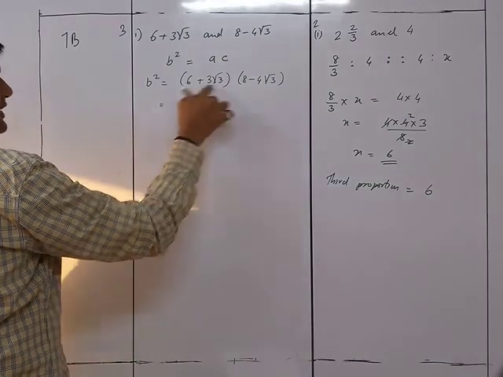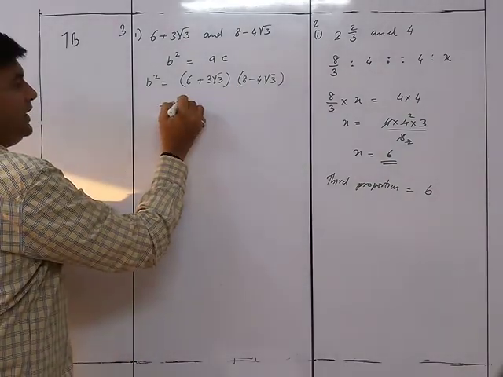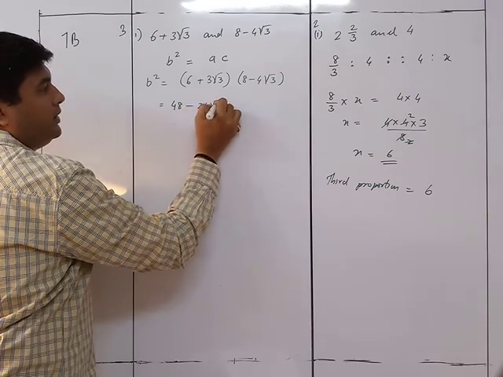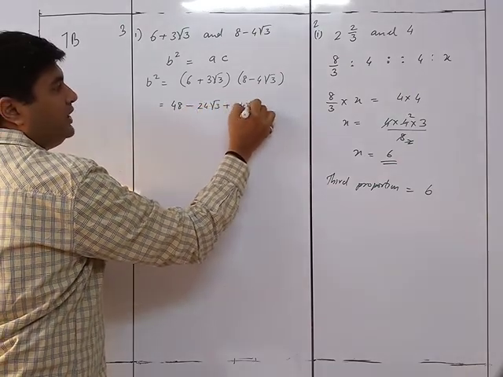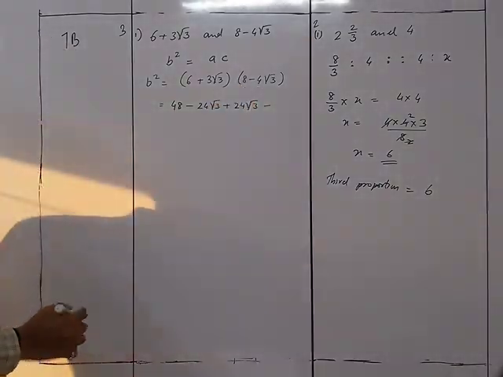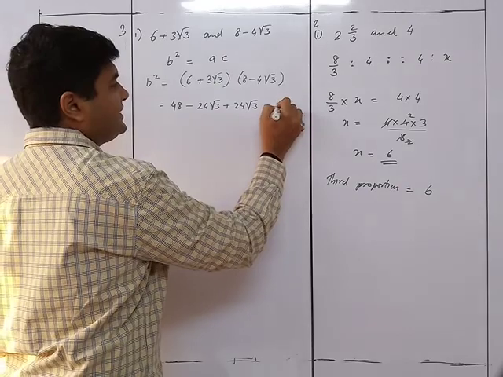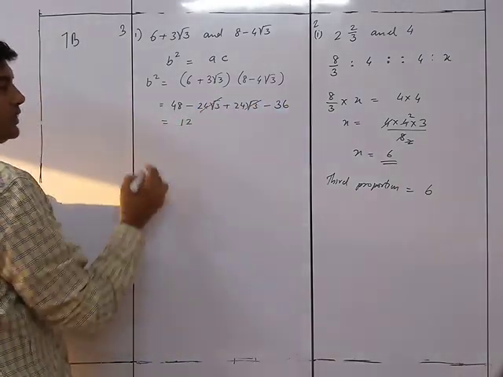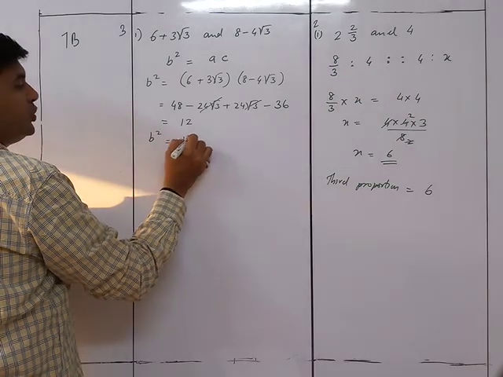So that gives me 6 times 8 is 48 minus 24 root 3 plus 24 root 3 minus 4 times 3 root 3 squared, that is 12 into 3 is 36. This gets cancelled, so it is equal to 12. So b square is equal to 12.